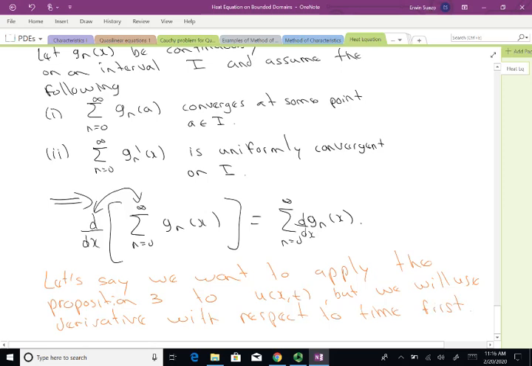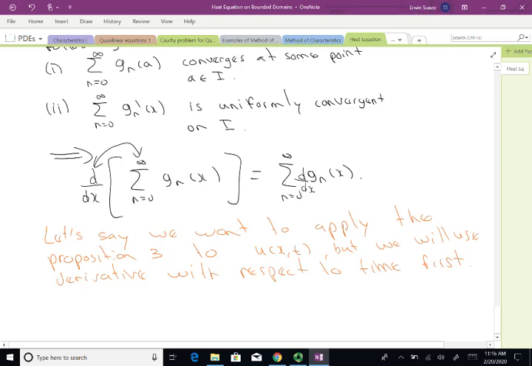So what does it mean? We have u(x,t), and u(x,t) is this infinite sum, it could be n equals 0 or n equals 1.